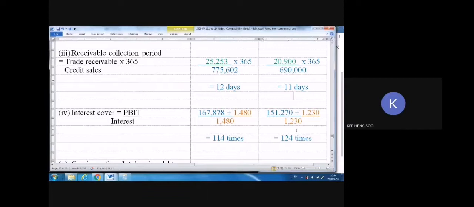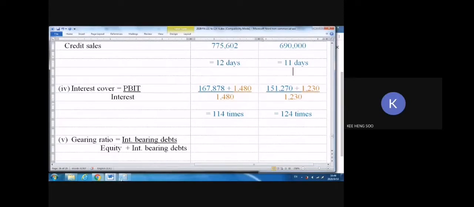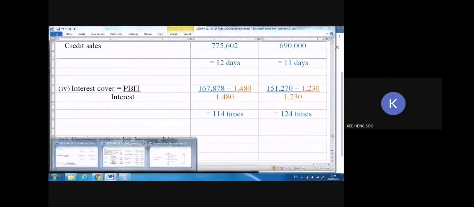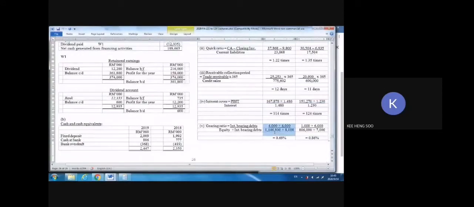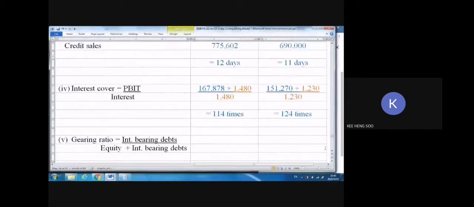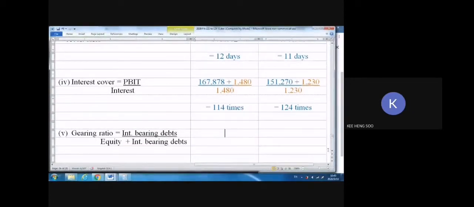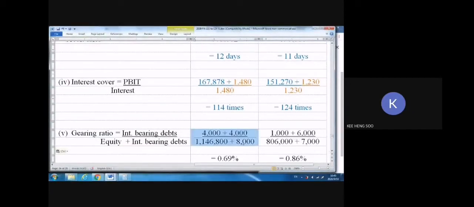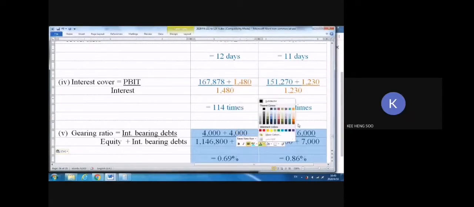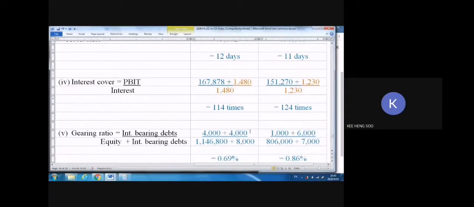And the last one, gearing ratio. Okay. So this one is your liability.